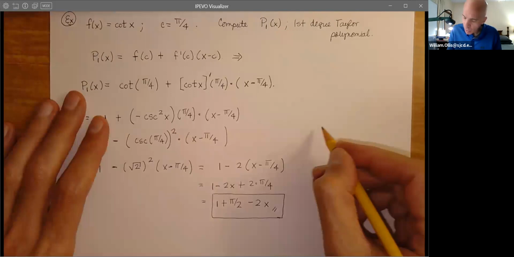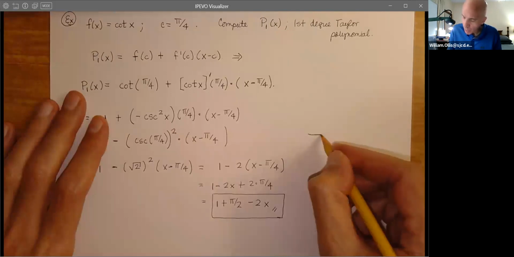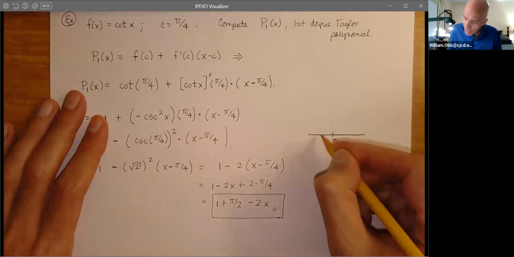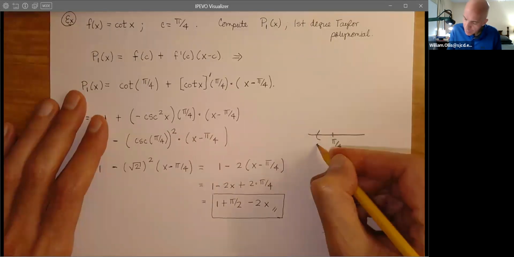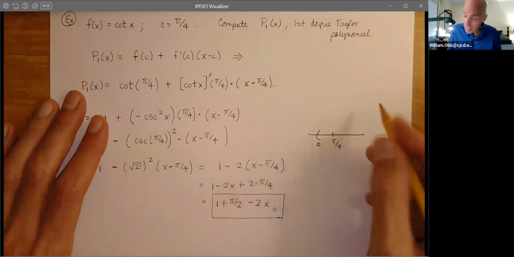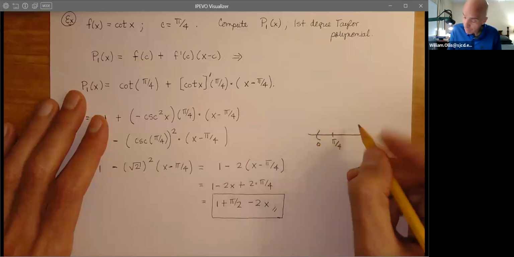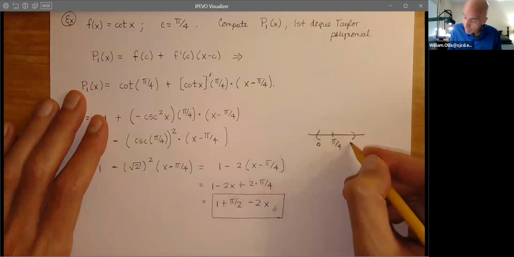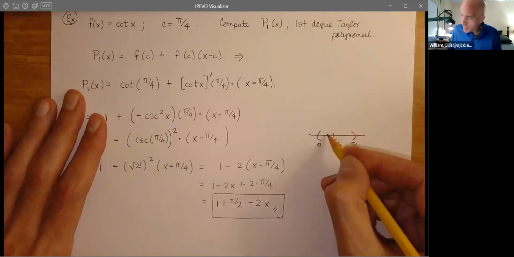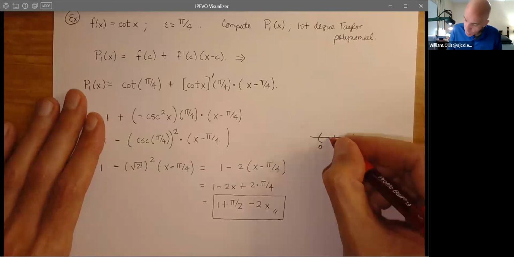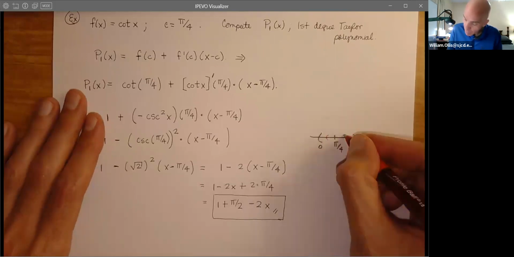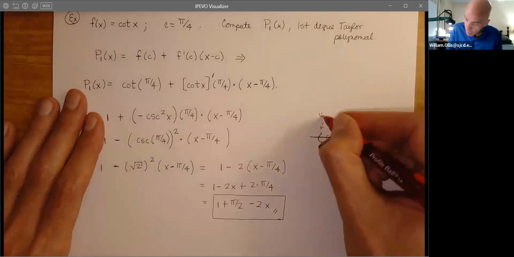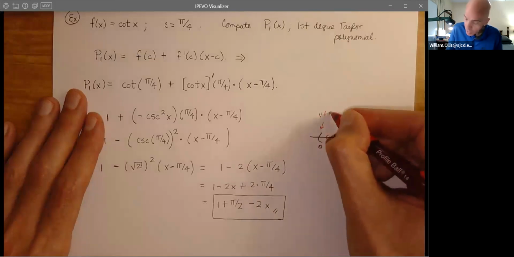We can't hit 0, so we could think about here, pi over 4 and have a nice symmetric interval, say 0 here, and that'd be hard to do because the function's becoming infinite. And then maybe a pi over 2. But as long as we stayed, say, in a nice symmetric interval close to this would be fine, because here, this defines a vertical asymptote of cotangent.